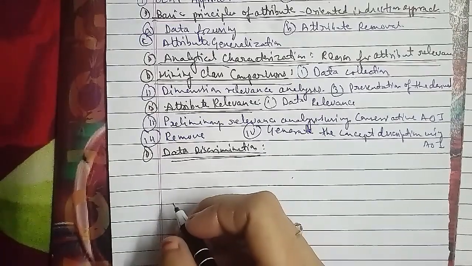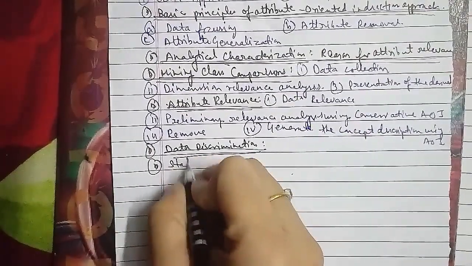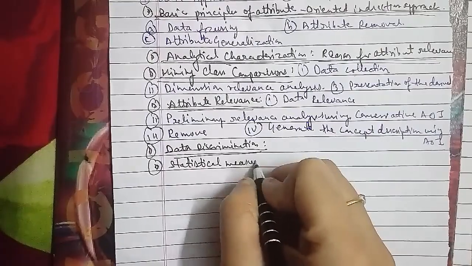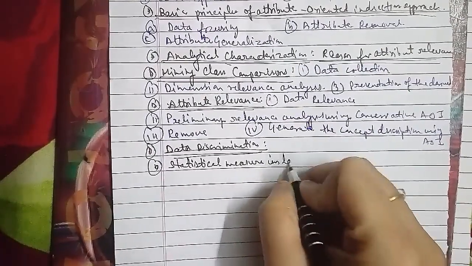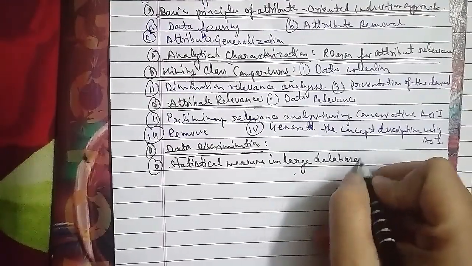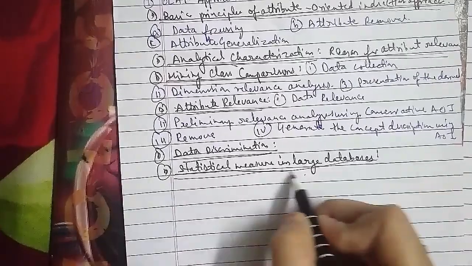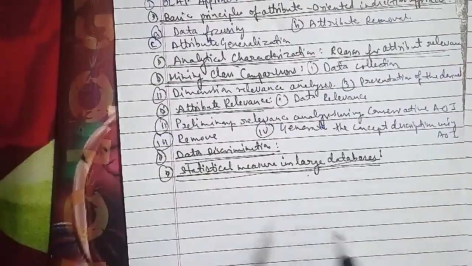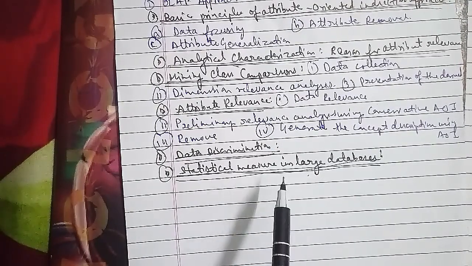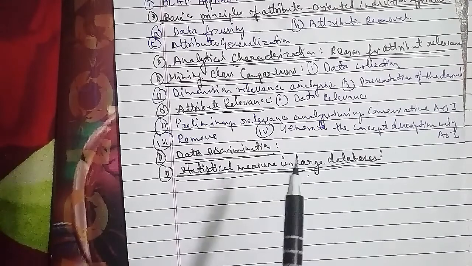Now we'll talk about statistical measures in large databases. A relational database system provides five built-in aggregate functions: count, sum, average, max, and min.